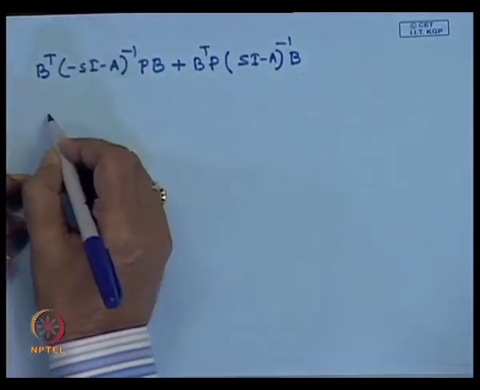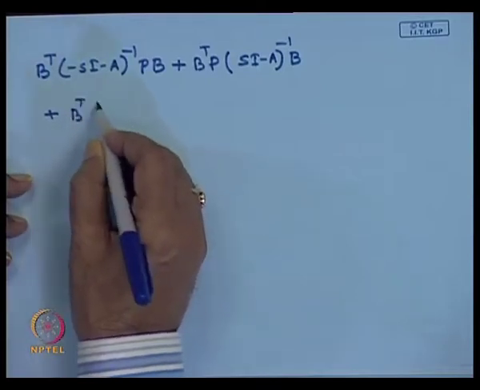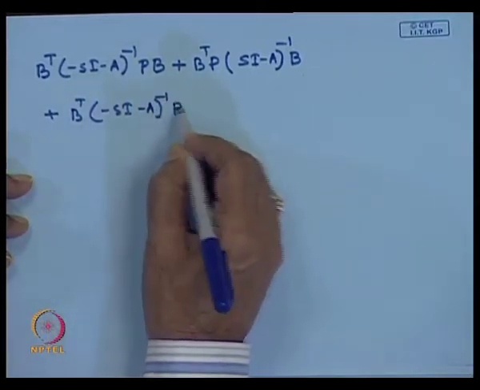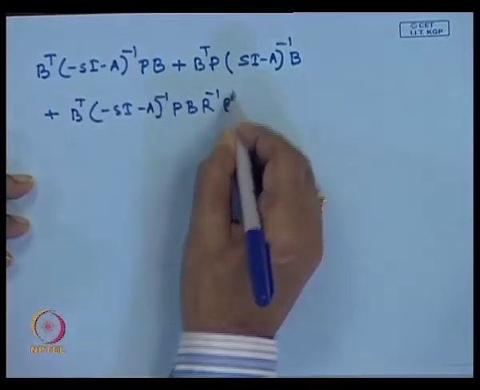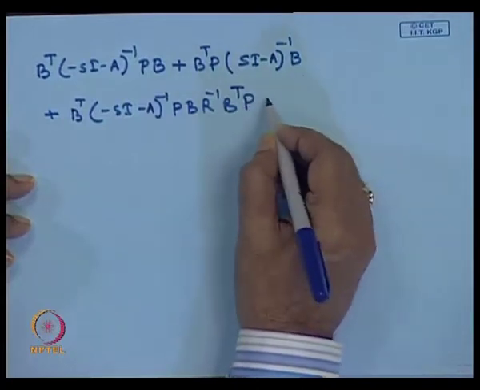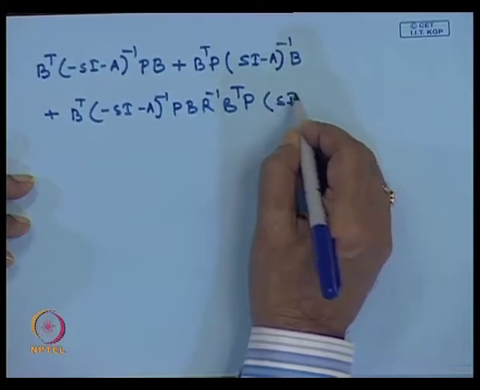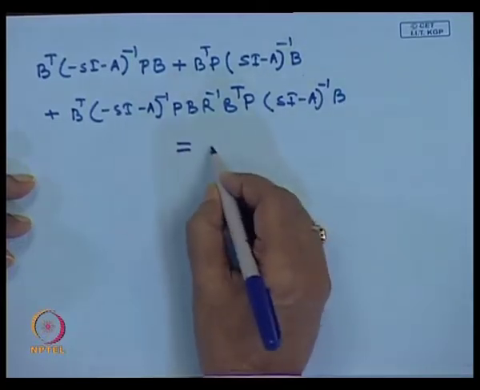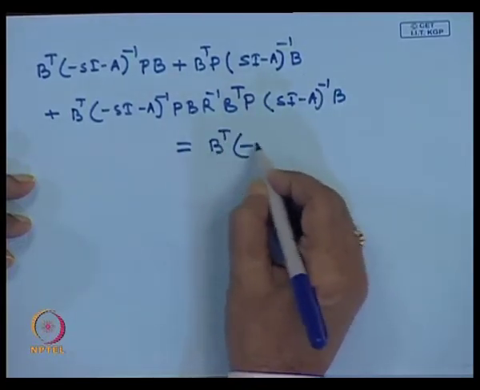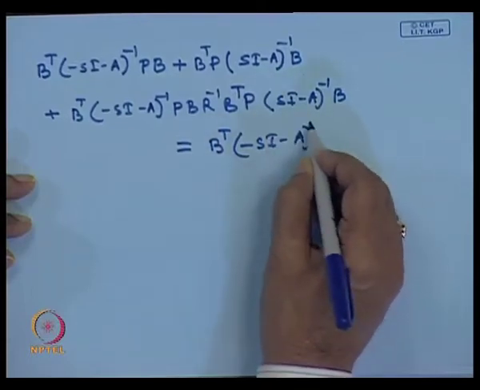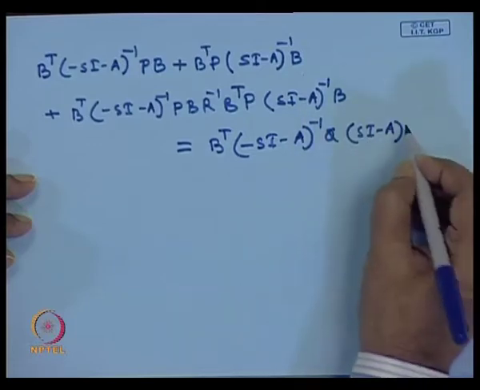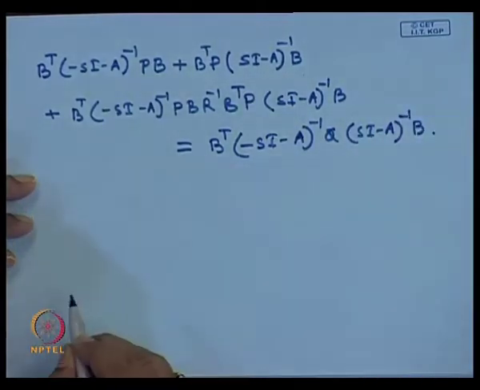So, this will be B transpose (sI minus A) whole inverse P B R inverse B transpose P into (sI minus A) inverse B is equal to the right hand side as it is, (sI minus A) whole inverse Q (sI minus A) inverse B. Okay.